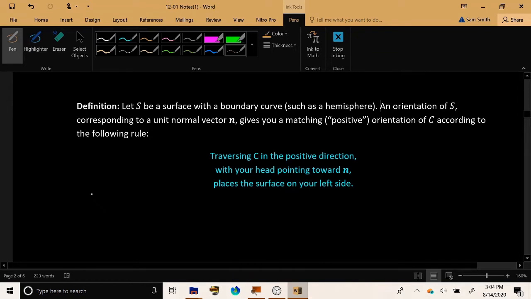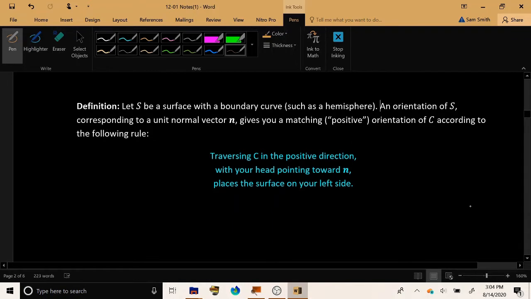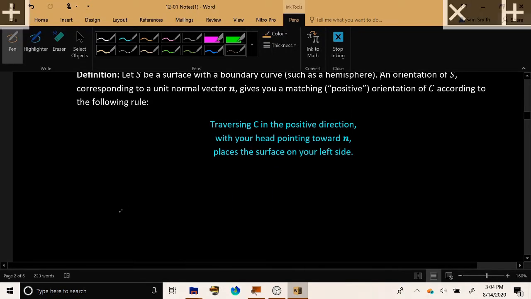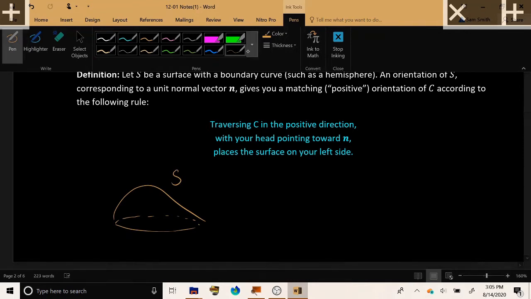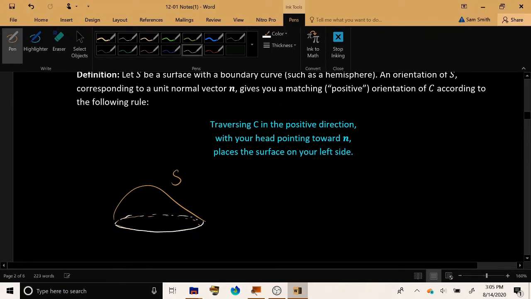So to start, suppose we have a surface S with a boundary curve. For example, a hemisphere. So let me give you an example, a picture of such a surface with a boundary. Let's call this S. This surface has an edge, which I'll draw in white down here at the bottom. And this edge of the surface is the boundary curve, which is referred to as C in this problem.